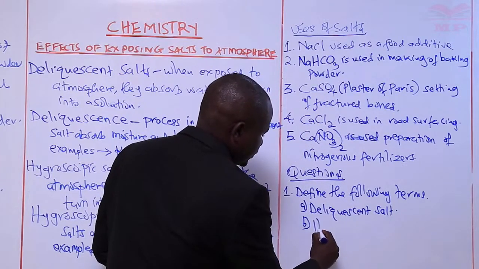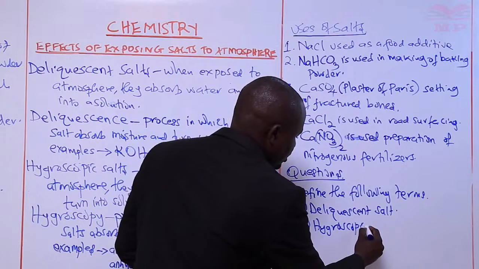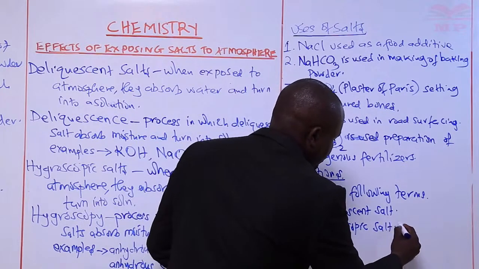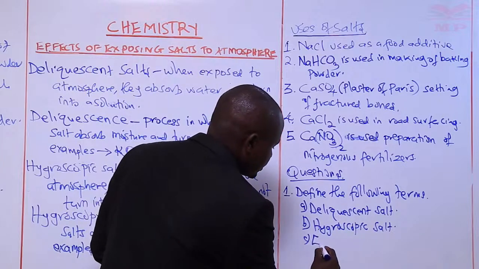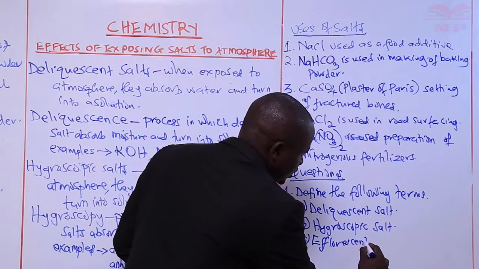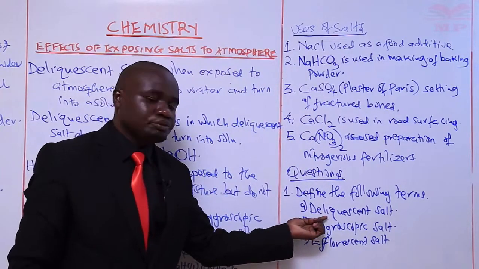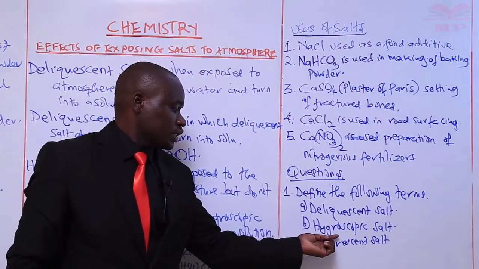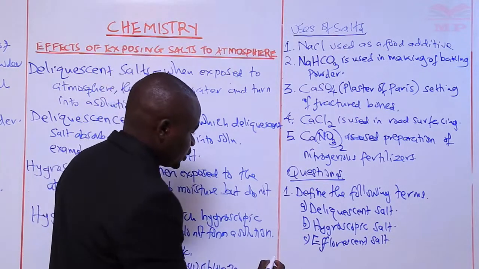Second term is hygroscopic salt. Our third term is efflorescent salt. I want you to try and define a deliquescent salt, hygroscopic salt, and efflorescent salt.